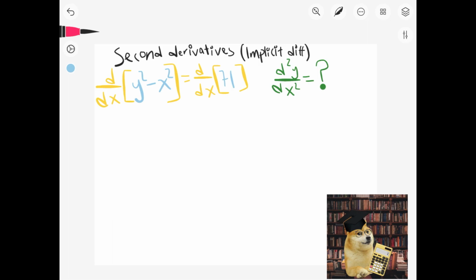We have to find the second derivative of y squared minus x squared equals 71. First, we need to find the first derivative. So y squared minus x squared: we lower down the 2, giving 2y, then we multiply this by dy/dx.